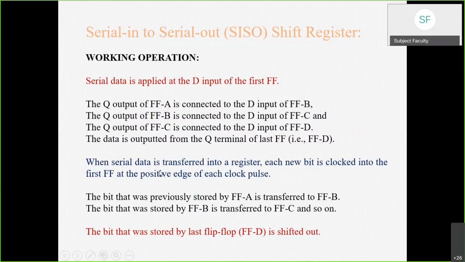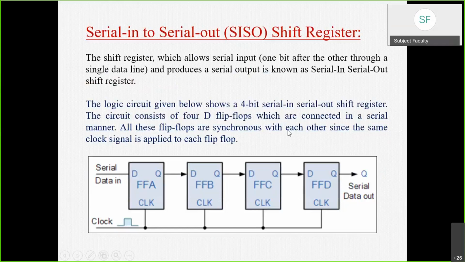When serial data is transferred into the register, each new bit is clocked into the first flip-flop at the positive edge of each clock pulse. Now we will see how it is actually working. We will explain this diagram with the help of only one single sequence, and let us assume that initially all flip-flops are reset.